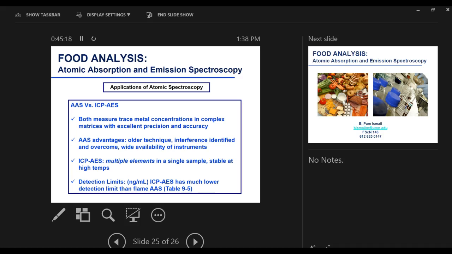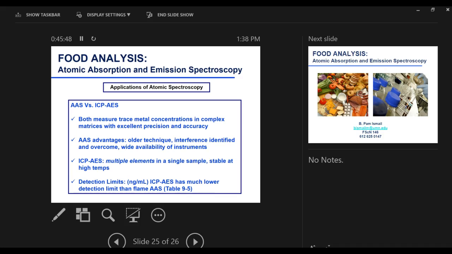Your atoms or elements are stable at high temperature; they don't get ionized even though the temperature is really high. The other advantage for ICP is detection limit. You can detect at very low concentration compared to atomic absorption. You can look at table 9.5 in your chapter to see the differences in detection limits.